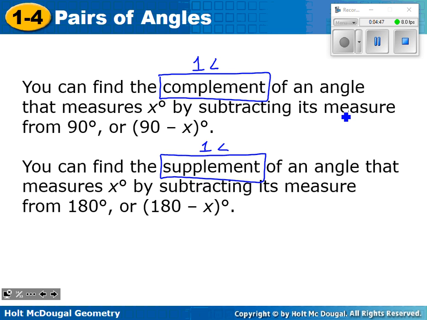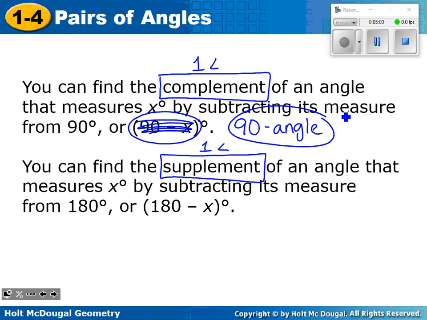Or a better definition is 90 minus your angle. I don't like saying 90 minus x because then they put a variable y in the problem and that confuses students. So I say 90 minus the angle. So you might want to change that in your notes. The complement is always 90 minus the angle.